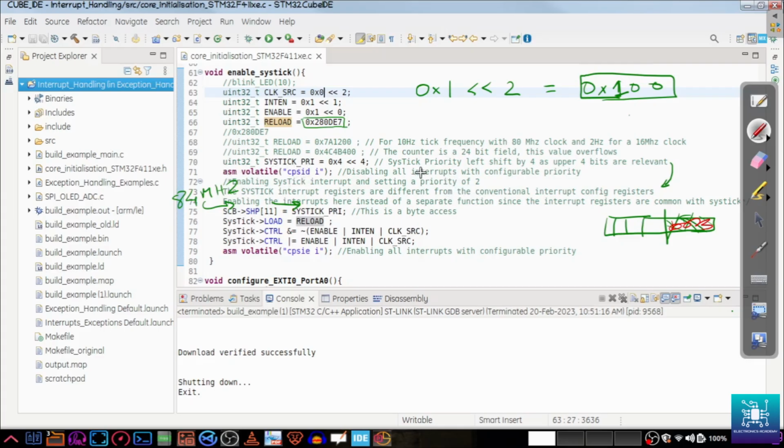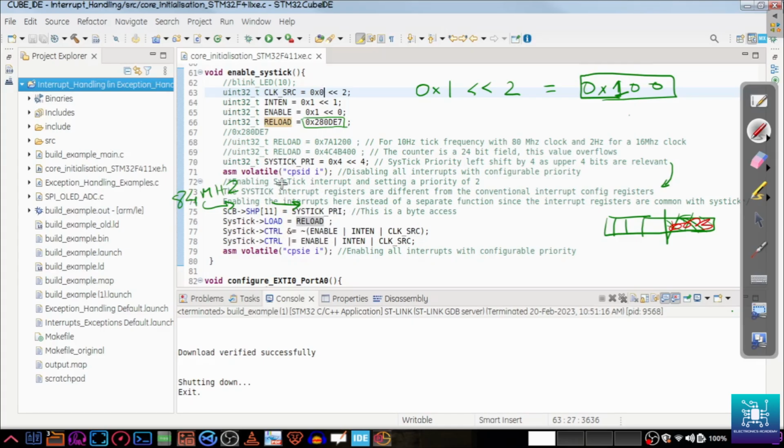Then the next line is ASM volatile CPSID I. Now we talked about this. This actually sets the bit in the primask register. So the primask register actually disables all interrupts with configurable priority. Now we do this because this is a very critical section of the code when we are setting up the timer. So we don't want other interrupts of a configurable priority to disturb this particular part of the code.